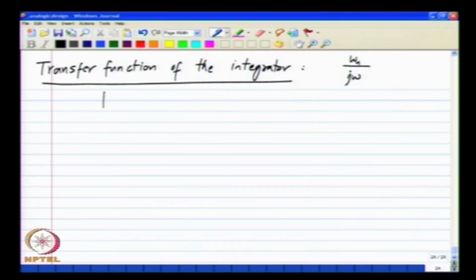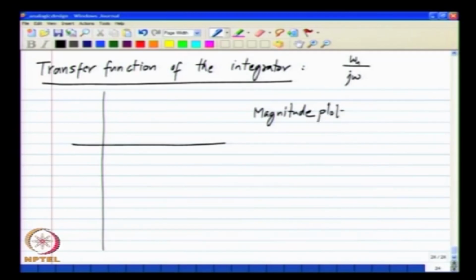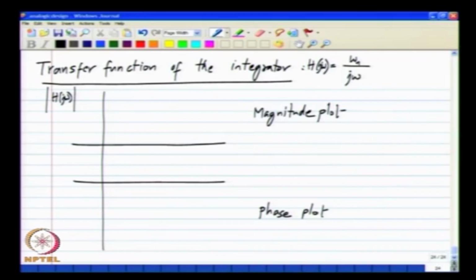And the Bode plot consists of the magnitude plot and the phase plot, that is, we will plot, I will denote the transfer function by h, the magnitude of h of j omega versus omega on a log scale.